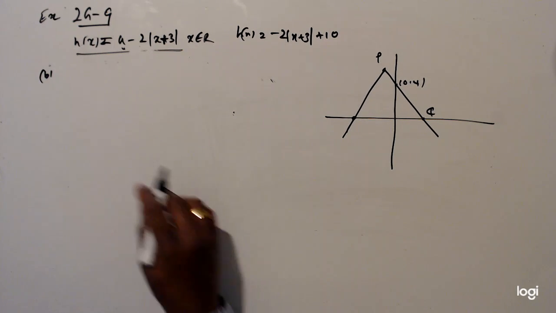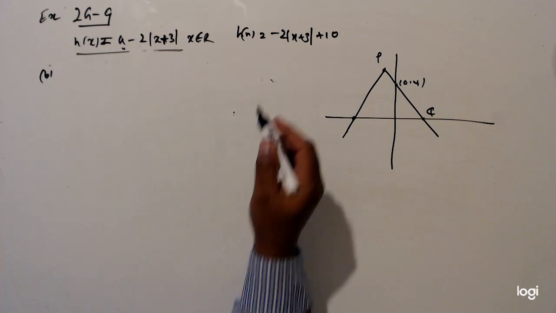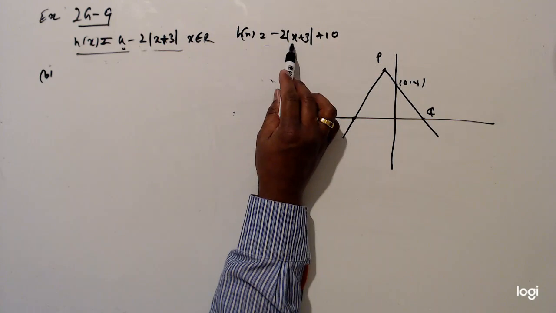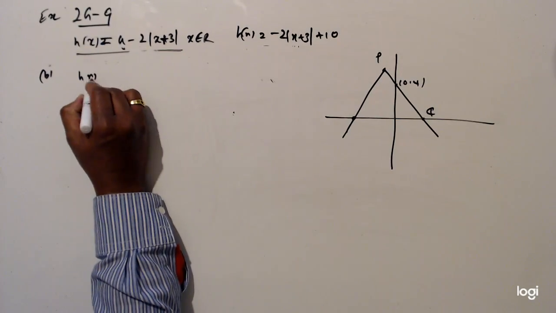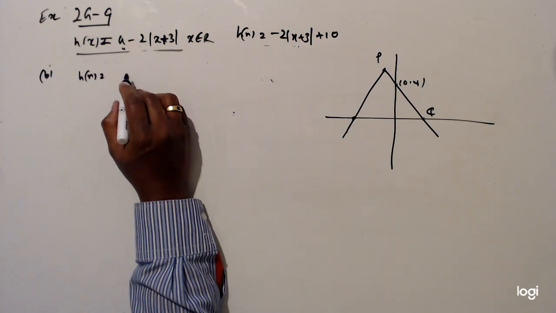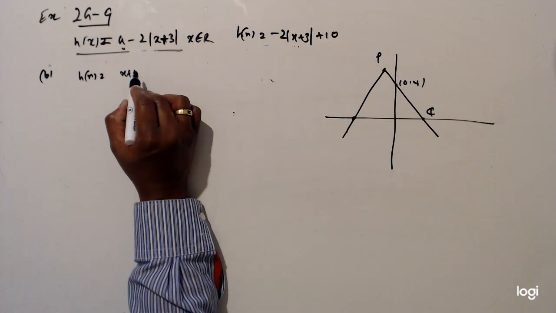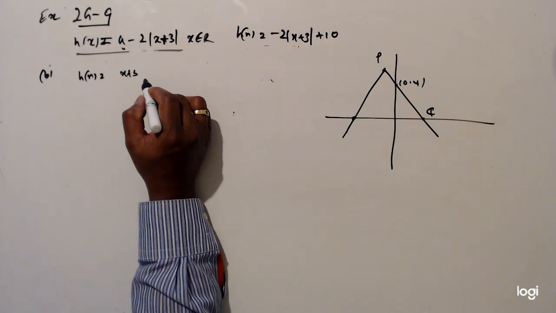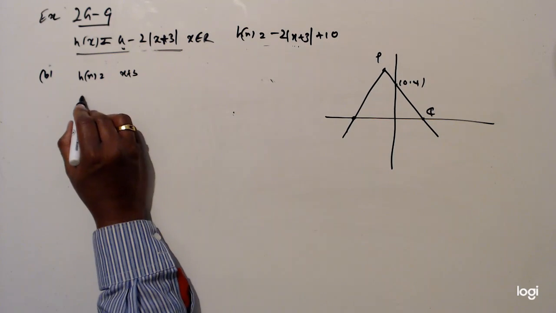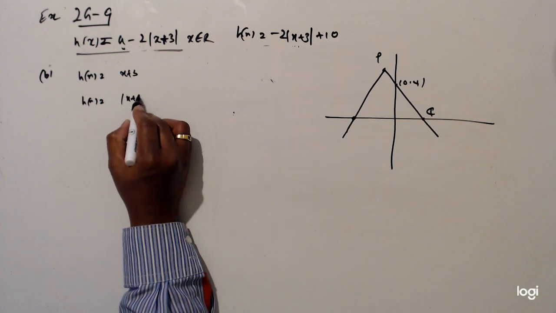Part B, we want to find P and Q. So we'll find P first. If we have this graph, so hx equal mod x plus 3.